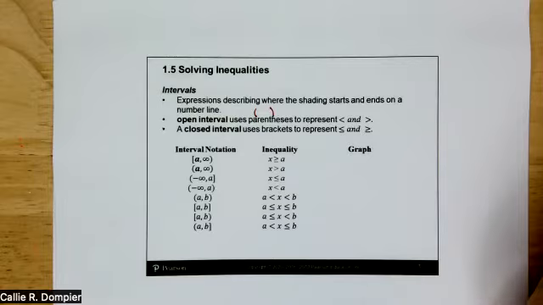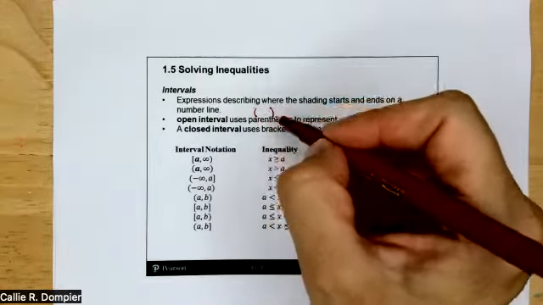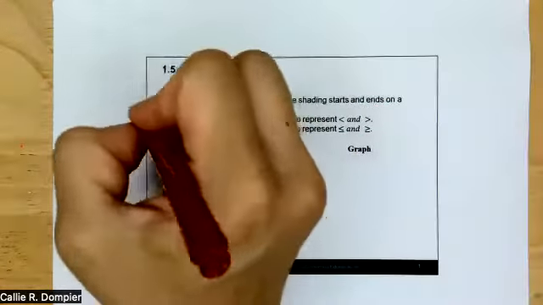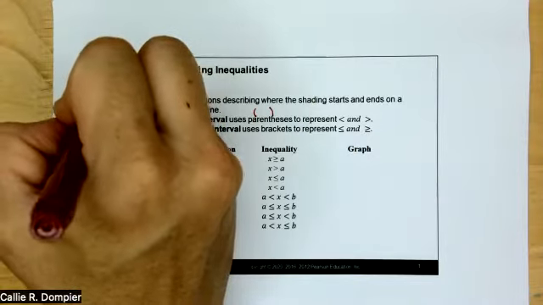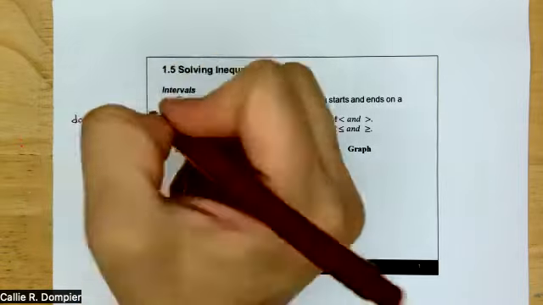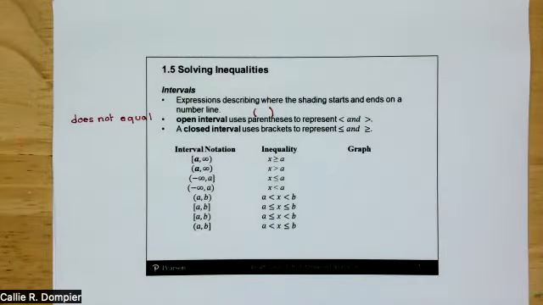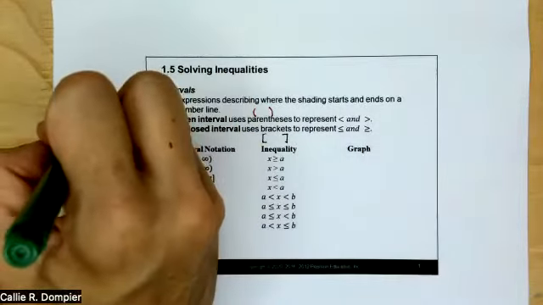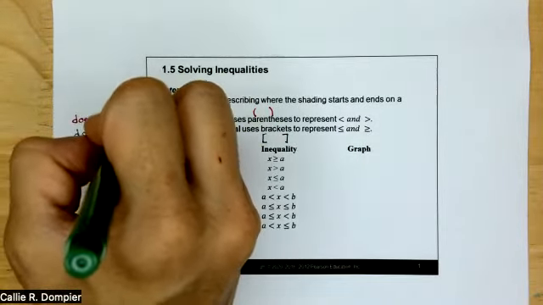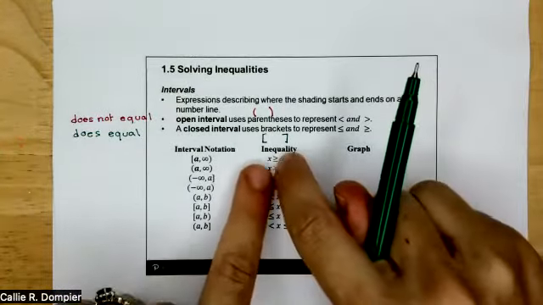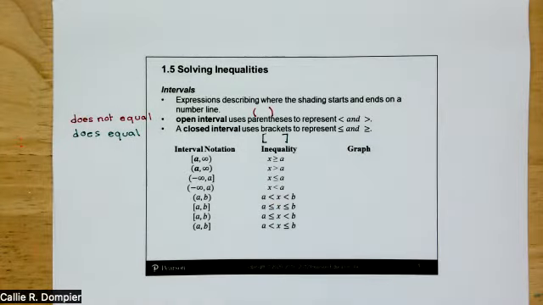An open interval, which you're mostly used to, the parentheses means it does not include or does not equal the number. A closed interval will use brackets, and that does equal the answer or does include. I want to say include, but we're going to see it as half of an equal sign, so maybe it's easier to say equal. It's up to you. Good?